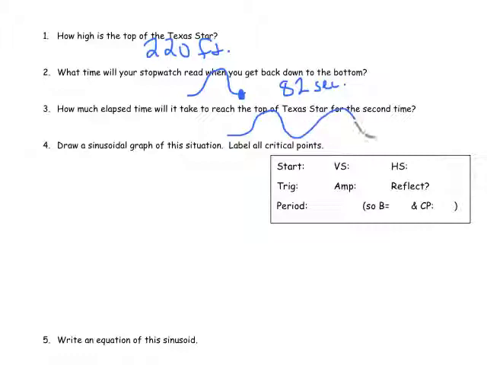So this is you hitting the top the first time. This is you hitting the top the second time. It would take you 82 seconds to get back down to the bottom, but as you can imagine, this is halfway, for sure. So this is going to take you 82 seconds plus 41 more seconds for a final answer there of 123.